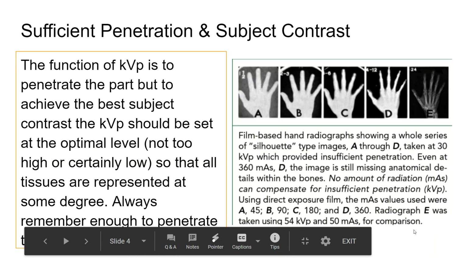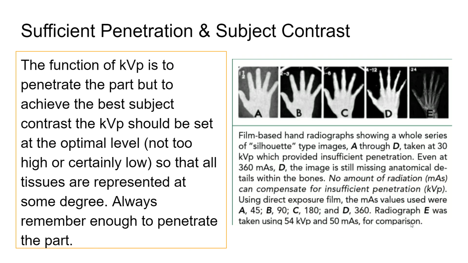Okay, I think we can keep going. So what's the rule on KV? We have to penetrate the part. If we use less than penetration, we get quantum mottle, not enough information to reconstruct, and that shows up as noise. If we use too much, that's not good either. We'll have what's known as saturation.